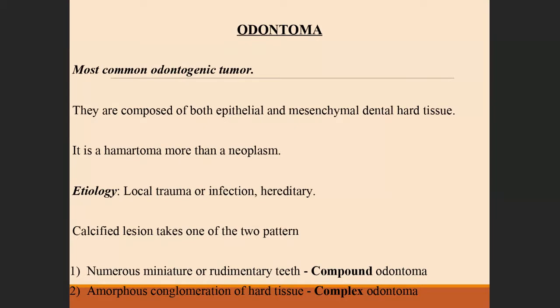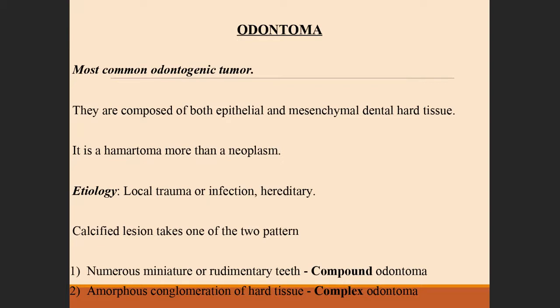So there is complete differentiation into functional ameloblasts and odontoblasts. These ameloblasts secrete enamel, and the odontoblasts secrete dentine. But the enamel and dentine that is laid down is in an abnormal pattern. They don't resemble the normal tooth, but again, of the odontomas you have two types, wherein one may look like a miniature tooth, whereas a complex will not have any resemblance to a tooth-like structure.